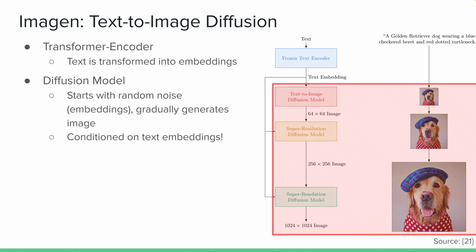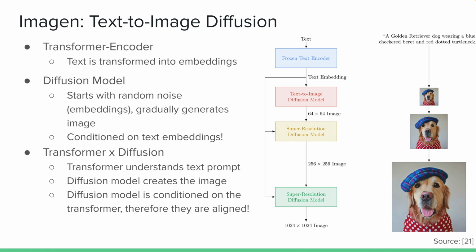It begins by starting with random noise, represented as embeddings. It gradually reduces the noise step by step to create a coherent image. The magic here is that this process is conditioned on the text embeddings generated by the transformer. Now, the key synergy is between the transformer understanding the text and the diffusion model creating the image. The diffusion process is guided by the text embeddings, ensuring the final image aligns perfectly with the given text description.